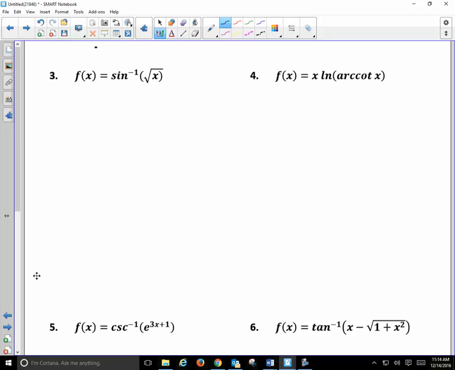We just have these 4 more problems, and you have your worksheet. Sine inverse, or arc sine of u and the square root of x. What's the derivative of square root of x? 1 over 2 roots of x. Derivative of arc sine.